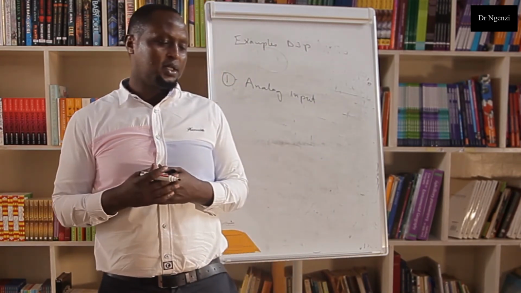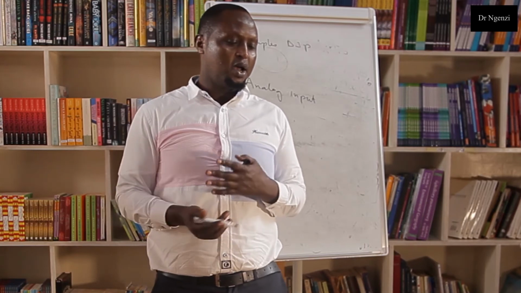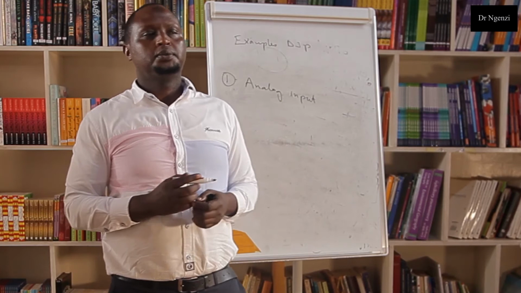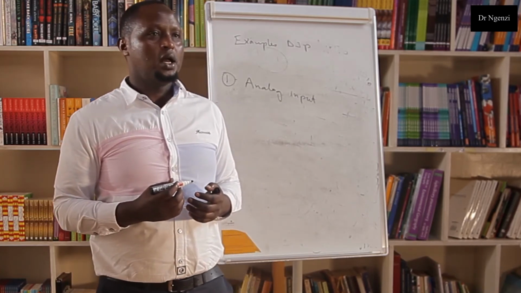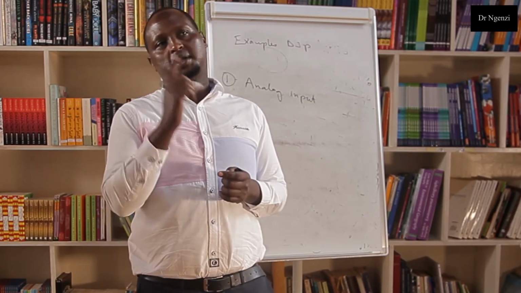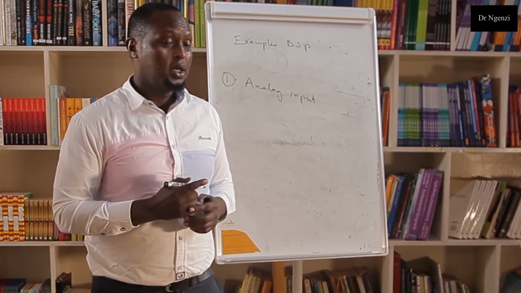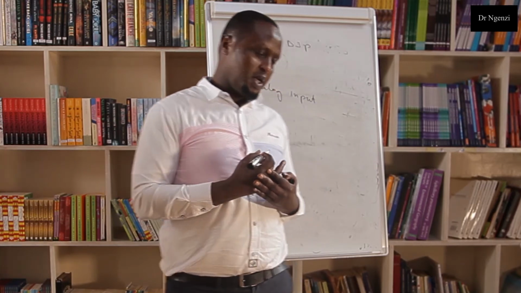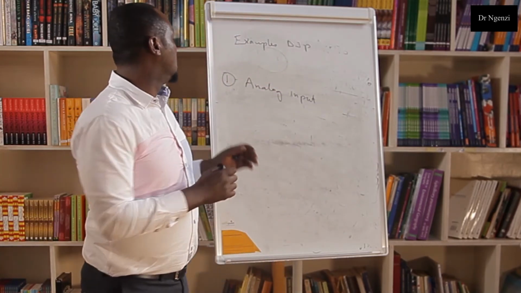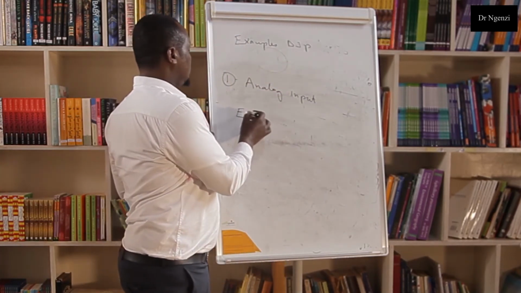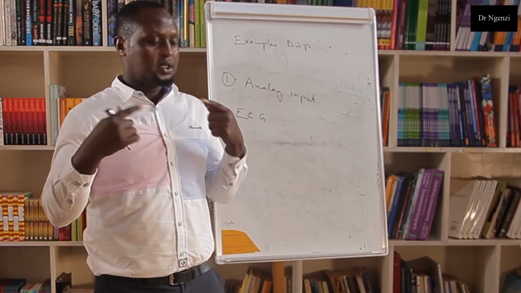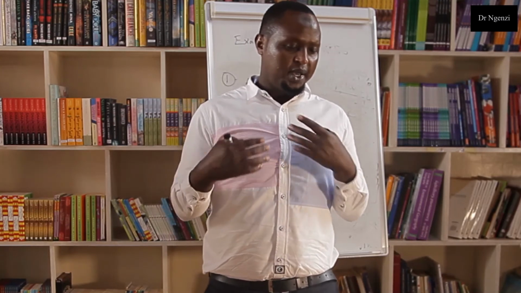The analog input here will generate the signal from a transducer or any communication media. As I mentioned from the beginning, remember some of the examples of analog signals. We talked about electrocardiograph signals, for example the ECG that appears in a heartbeat.